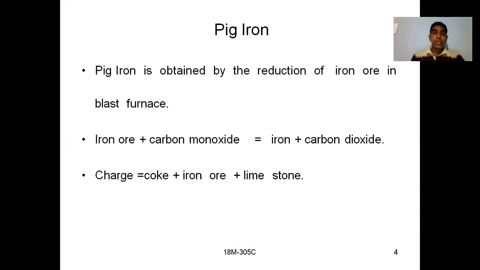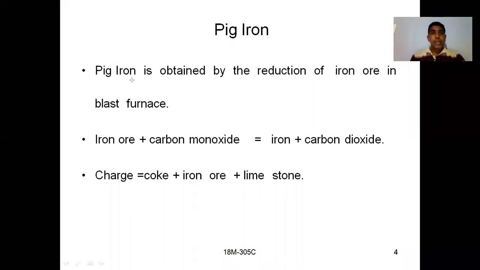See here, what is pig iron we will discuss. Pig iron is obtained by the reduction of iron ore in the blast furnace. So we will get pig iron from the iron ore. How will you get it?